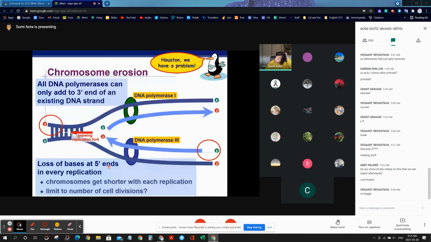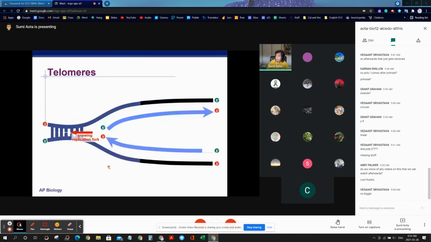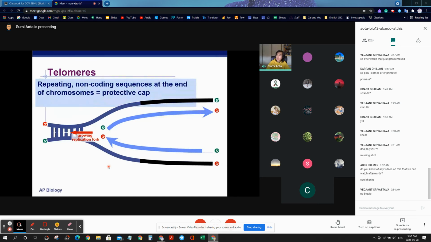Is there a solution to this? There actually is. We have something called telomeres. Telomeres are repeating non-coding sequences at the end of a chromosome. So it's this black region here. It's like a protective cap. The dark blue area is where your nuclear genetic information actually is.